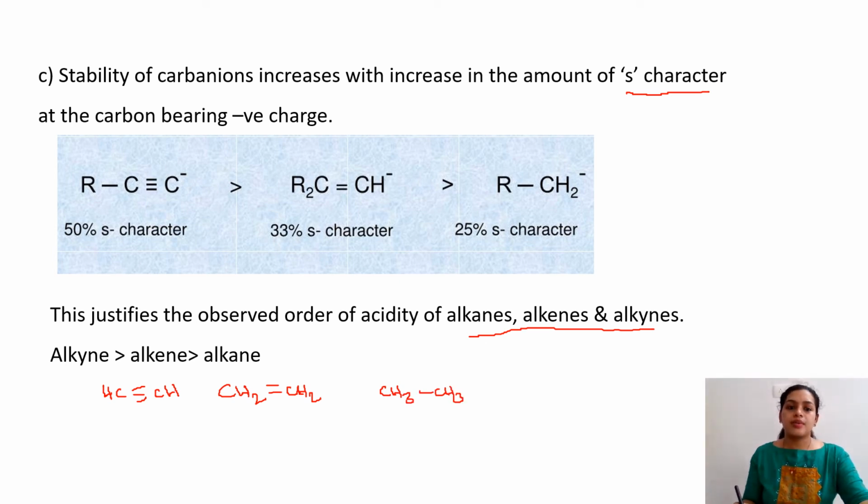And now we are removing one hydrogen atom from all these 3, and you will be getting CH triple bond C minus, CH2 double bond CH minus, and from ethane you will be getting CH3 CH2 minus.